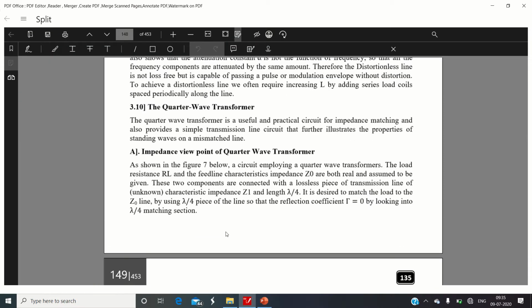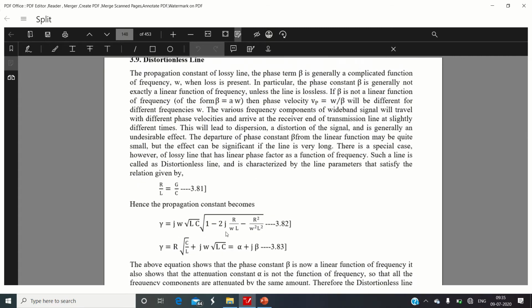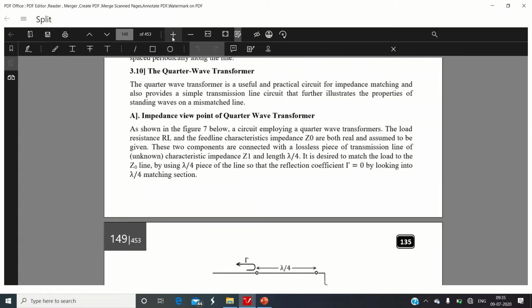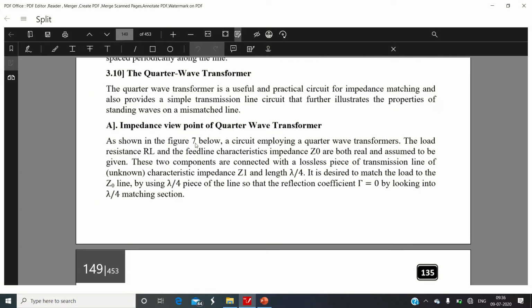So the first method that we are going to discuss is the quarter wave transformer.